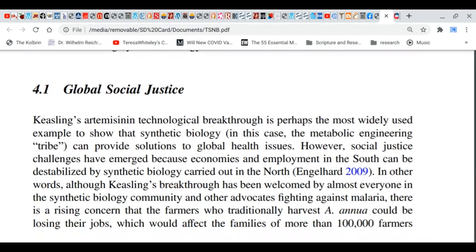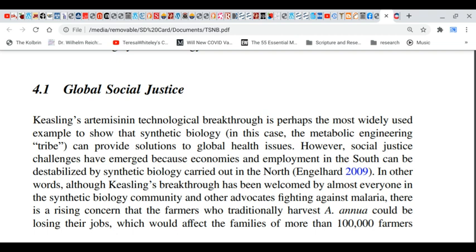Global social justice. Keasling's artemisinin technology breakthrough is perhaps the most widely used example to show that synthetic biology, in this case the metabolic engineering tribe, can provide solutions to global health issues. However, social justice challenges have emerged because economies and employment in the South can be destabilized by synthetic biology carried out in the North.